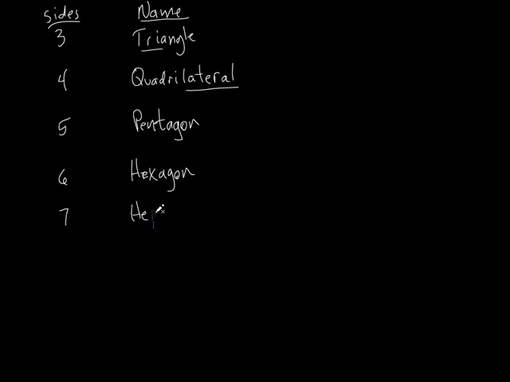I taught out of a book years ago that had this whole list of names, and then all of a sudden stuck in there they just said, this is a 7-gon. That's crazy. But heptagon would be it. Now 8's very familiar. It's an octagon. And what do we see almost every day, probably?